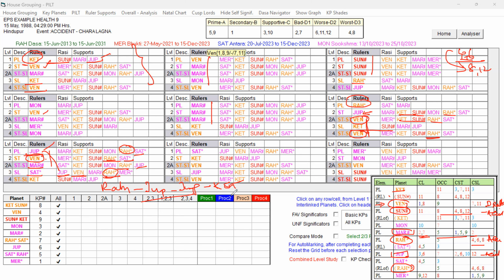I think we're able to understand how to find the key planets and their role in the rulers and supports of the planets. So as I said, when the same color is given, or many planets are mixed key planets or unfavorable key planets, based on their signification strength only, we decide whether that planet is supportive for accident or health issues.